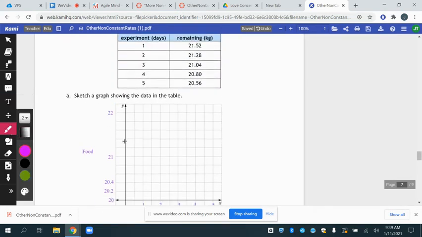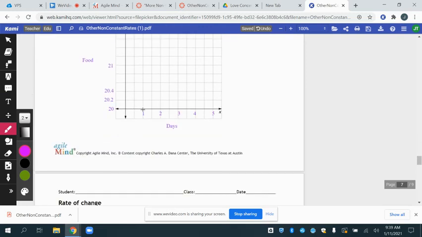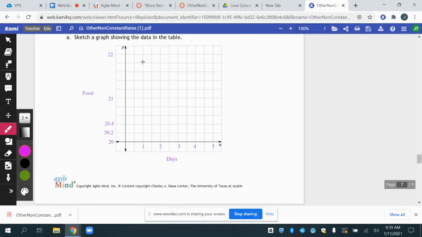Let's find where that is. 1's right here. 21.5 is going to be between 21.2 and 21.4. Remember, each line is 0.2. So this is right smack between 21.4 and 21.6.